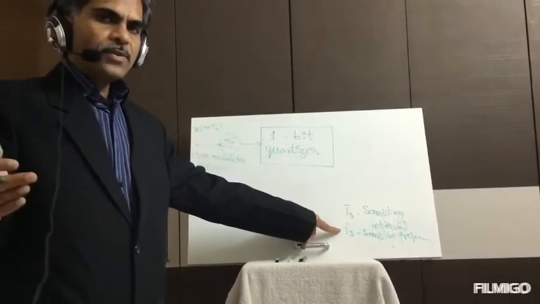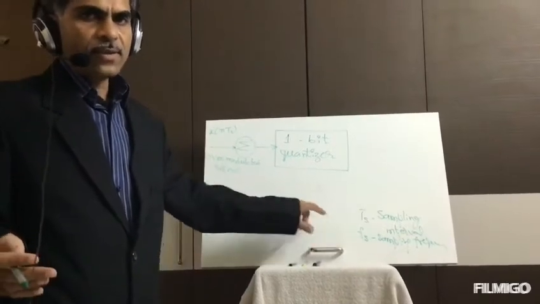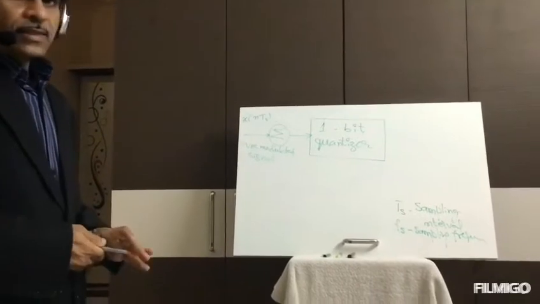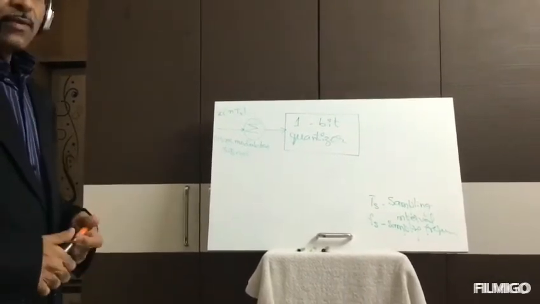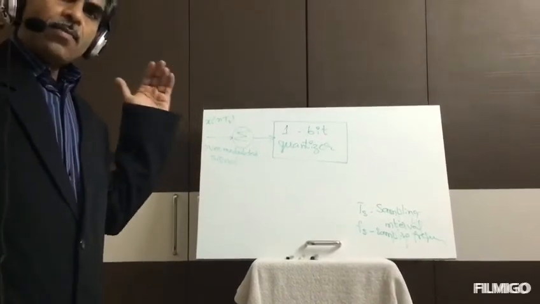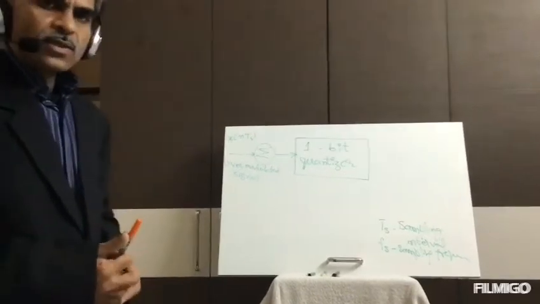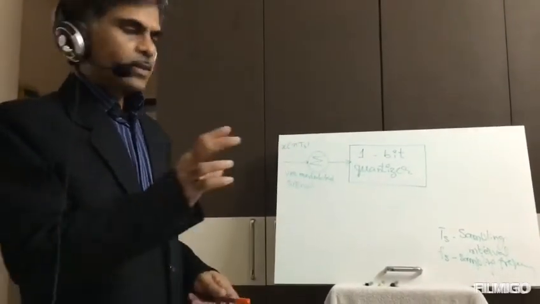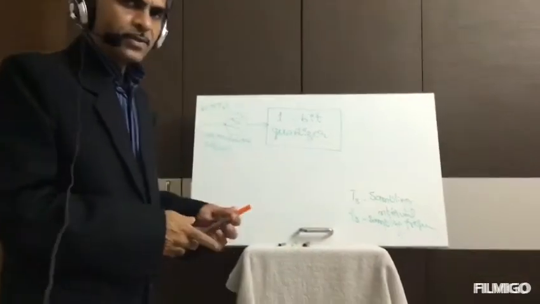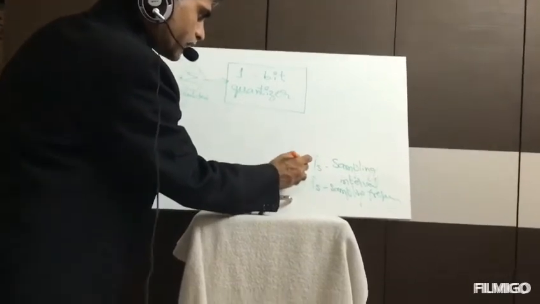The minimum value should be the Nyquist rate here, that is Fs must be at least equal to twice the frequency of the modulating signal or analog signal, which is the Nyquist rate. But we will maintain that sampling rate to be much higher than the Nyquist rate in order to improve the signal to noise ratio, because once you increase the sampling rate, then Ts will be reduced. As you increase this sampling frequency, Ts will be reduced.